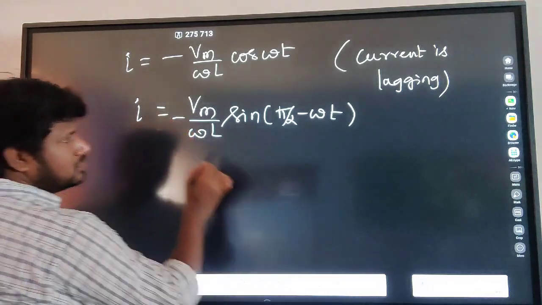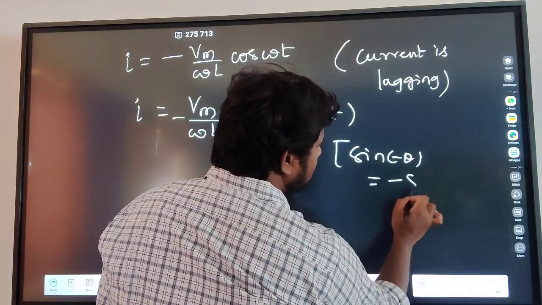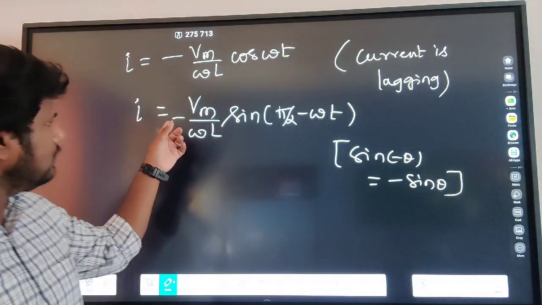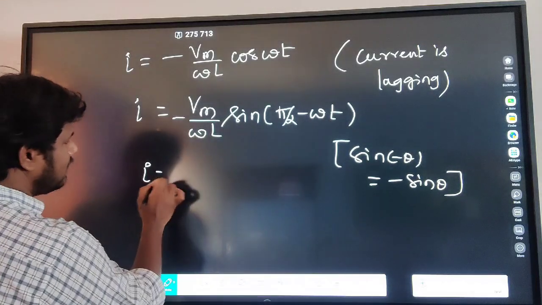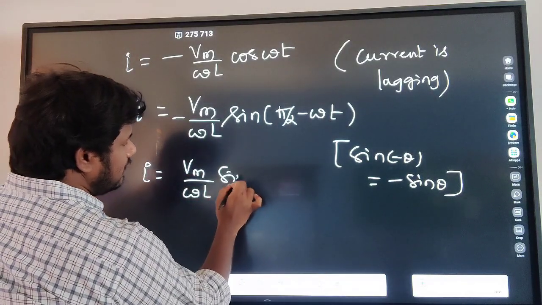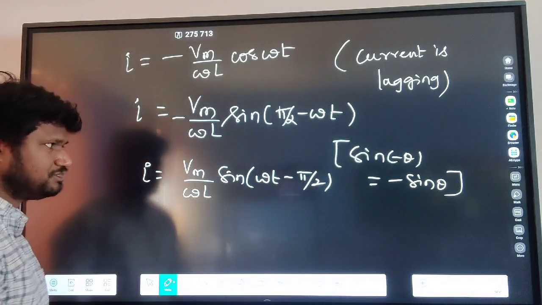Sine of minus theta is minus sine theta. Now I want to introduce this minus inside. Then what will come? i equals Vm by omega L sine of omega t minus pi by 2.